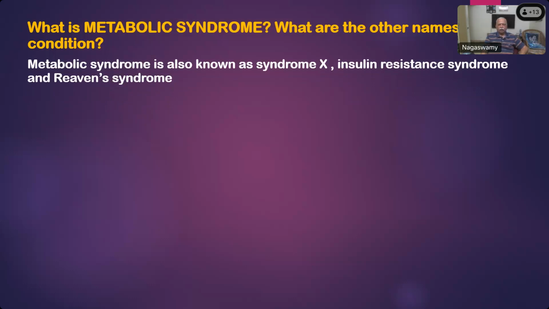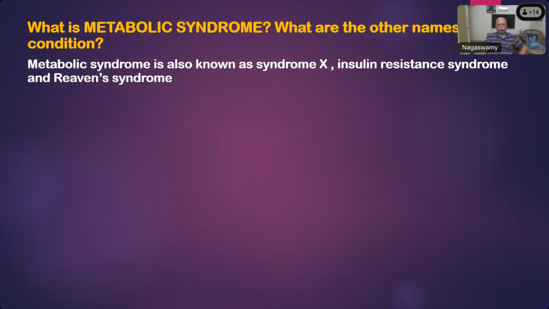Do you know why it is called syndrome X? There's a small story around this also. Earlier, when Reaven was investigating metabolic syndrome, they did not know what is the factor causing all the changes because of obesity. So in mathematics, whenever you don't know a number, you keep it as X, isn't it?